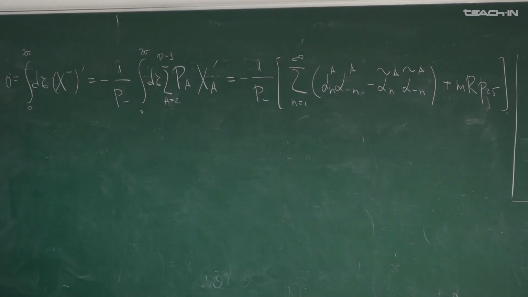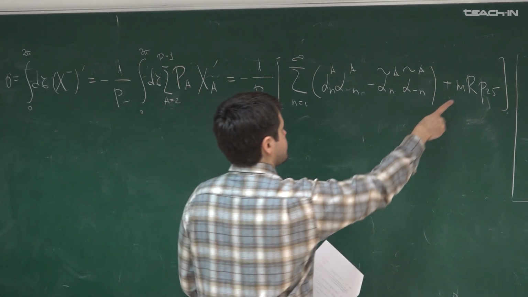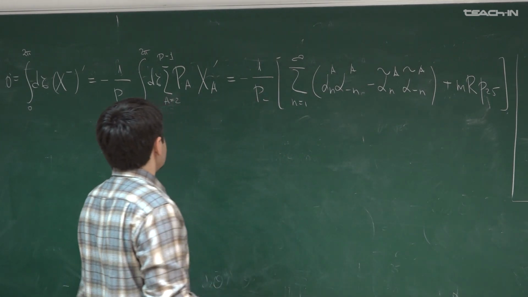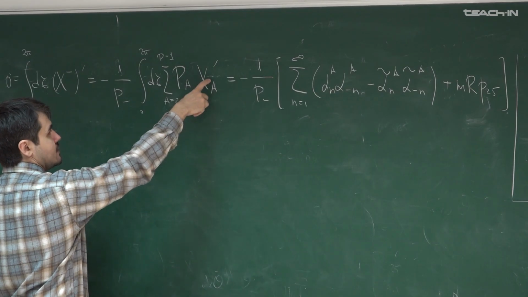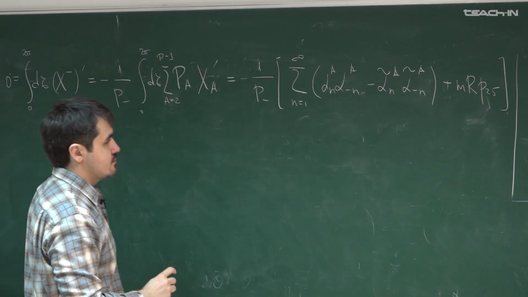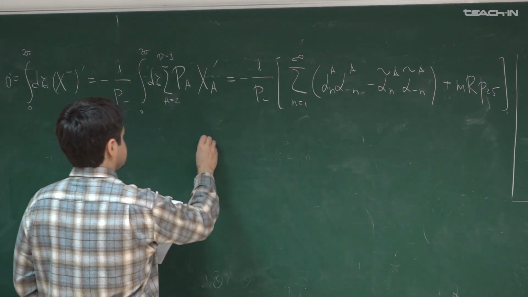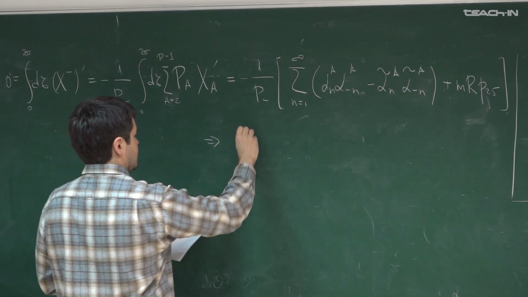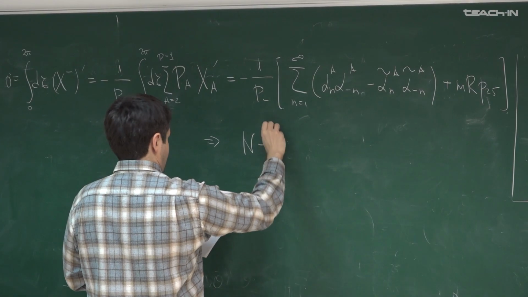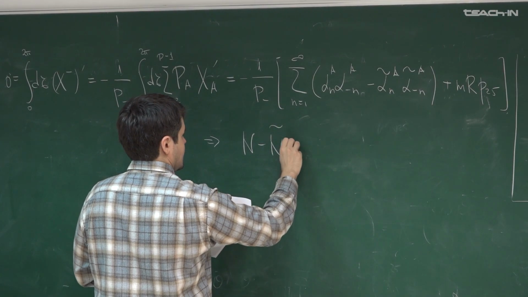There is this extra contribution coming from the winding here as well, because now the derivative of x25 has an extra piece. So that means that the level matching is modified to n minus n tilde plus the product of momentum and winding.